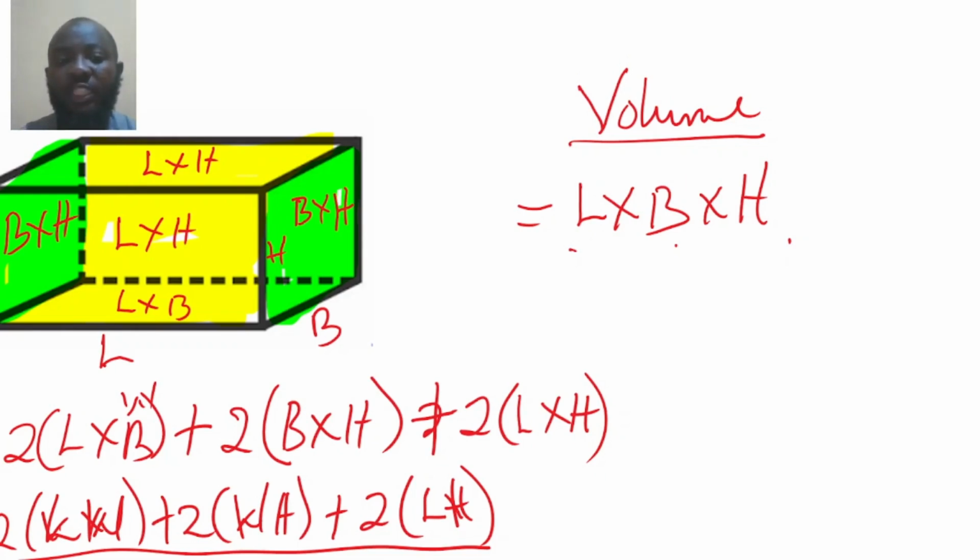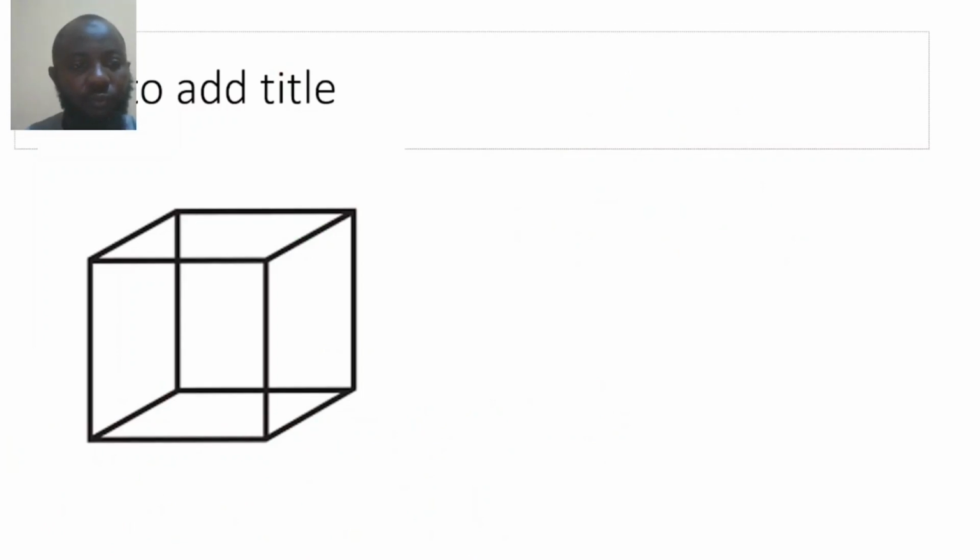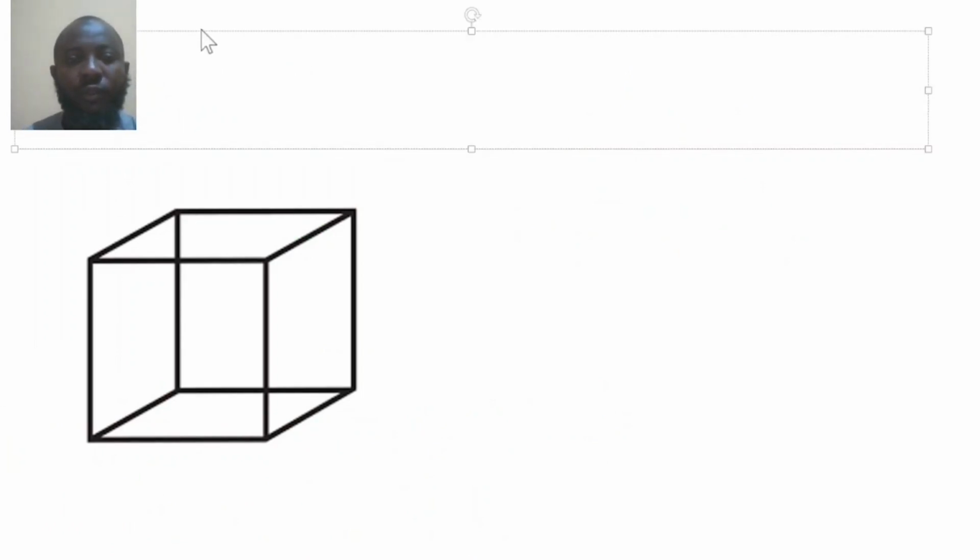So we'll move to the next one, and that is going to be the cube. So they're almost the same thing. For the cube, what we have is this. If you shape this, the top part and the bottom part. Since all the sides in a cube are the same, length is equal to length is equal to length.